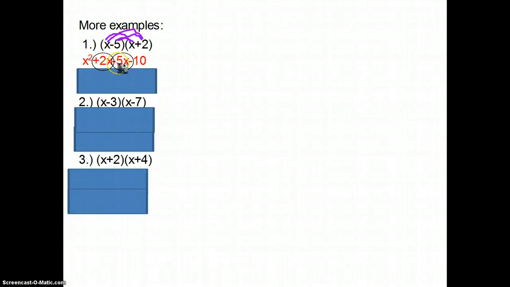Since the negative is the stronger number, 5 is stronger than 2, I get x squared minus 3x minus 10. Right, let's do the next one.